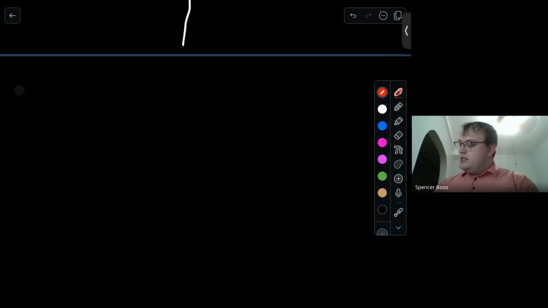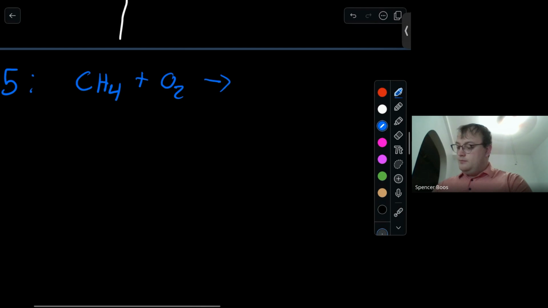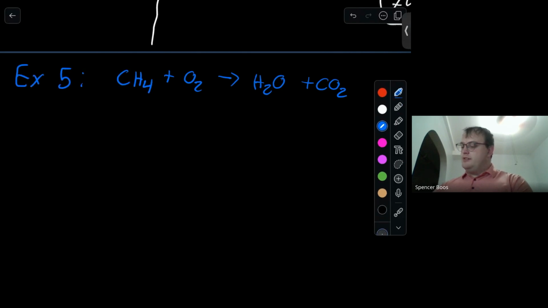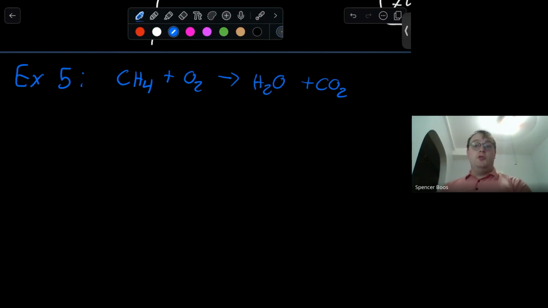Example 5. Let's say I have this equation. The combustion of methane: CH4 plus O2 yields H2O plus CO2.